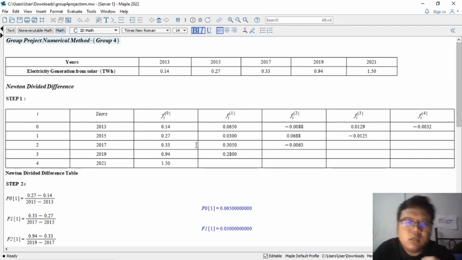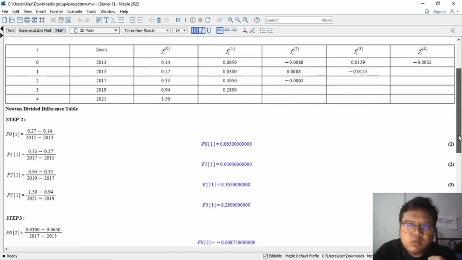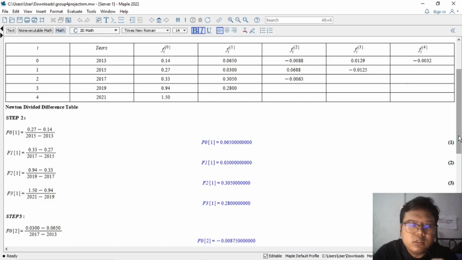I list all the information I want, and this is how we get the answer from this application. We list and use the formula 0.27 minus 0.14 divided by 2015 minus 2013, and I press the enter button, and we get the same answer as in the manual calculation.